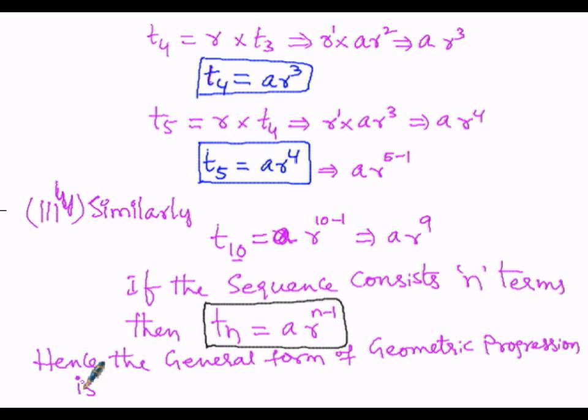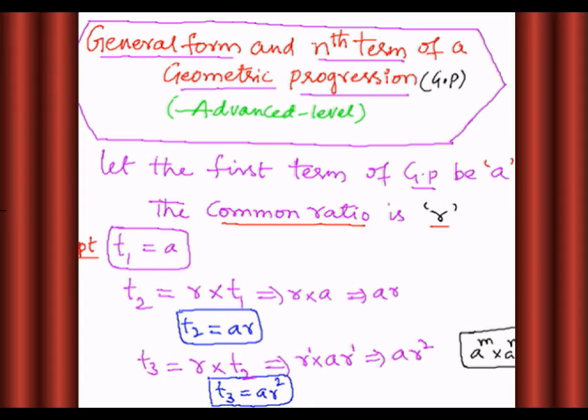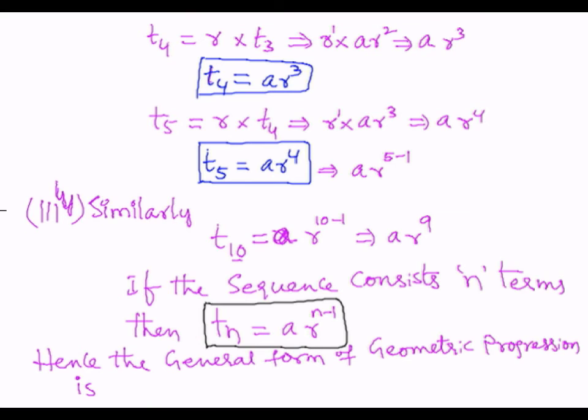The first term T1 is a, the second term is AR, the third term is AR square, the fourth term is AR cube, the fifth term is AR to the power of 4, and so on, the nth term will be AR to the power of n minus 1.